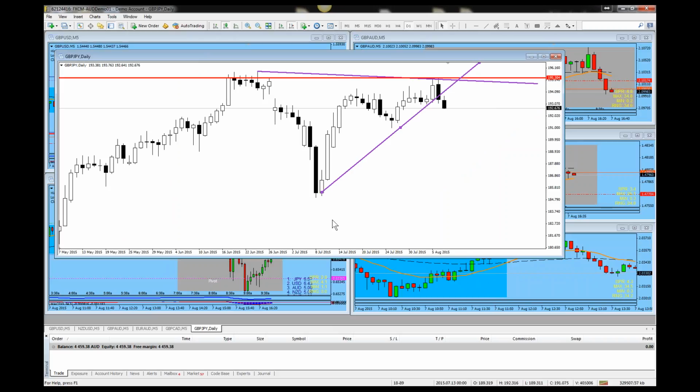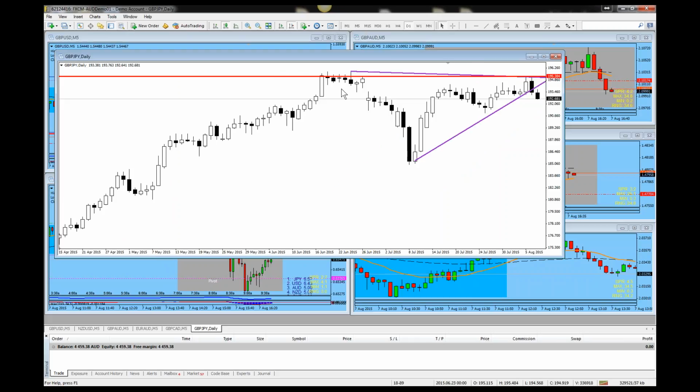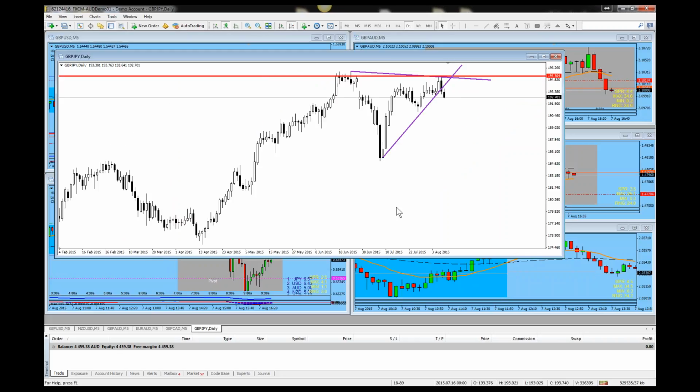Well, we'll see. Where's your stop? My stop is 194.55. Now, in generic trend line theory, this should drop to this trend line.